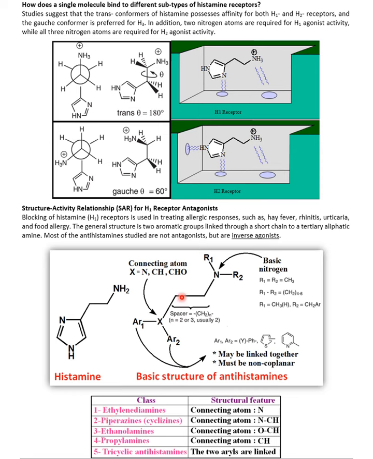The name comes from the fact that we have ethyl group, and then you have 1 nitrogen here and then 1 nitrogen, so that's diamine, ethylene diamine. Now if you have an NCH group connecting the 2 aromatic with the spacer, then we end up having a group called piperazines or cyclizines.